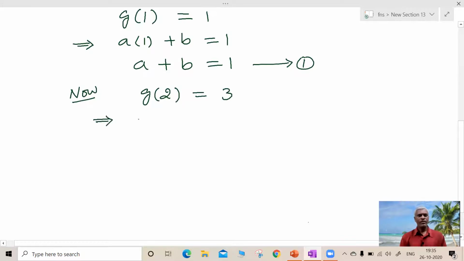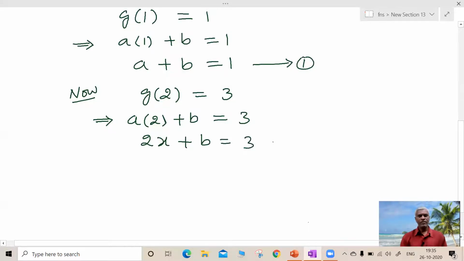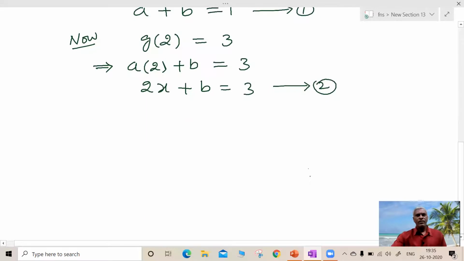So what is g of 2? ax plus b, so a into 2 plus b is equal to 3. That is 2a plus b is equal to 3. So name it as the second equation. Solving 1 and 2, we get a and b values.